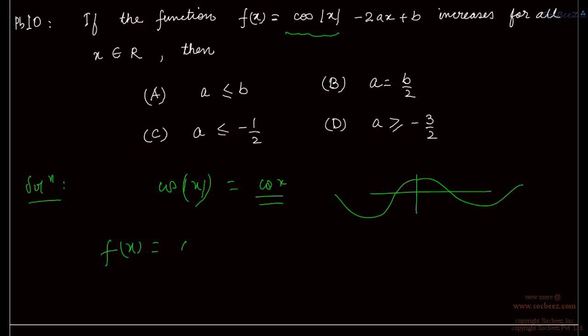So we can write f(x) is equal to cos x minus 2ax plus b. If the function f(x) increases for all x, that means f dash x is greater than 0 for all x belonging to real.